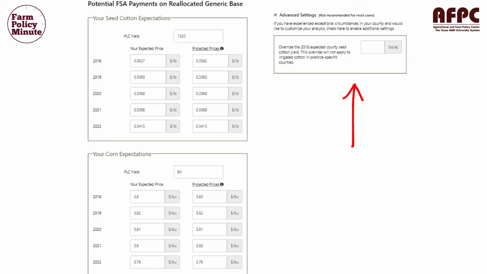Some people are saying their county yield would be really close to zero. In that case, putting in a trend yield for 2018, this current crop year, is not very accurate for the ARC calculations.